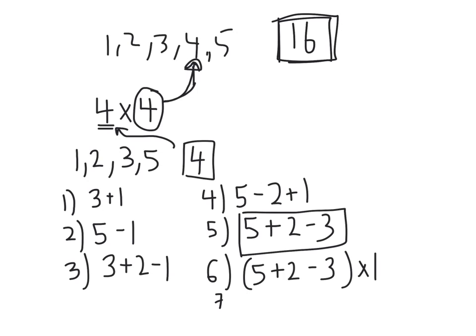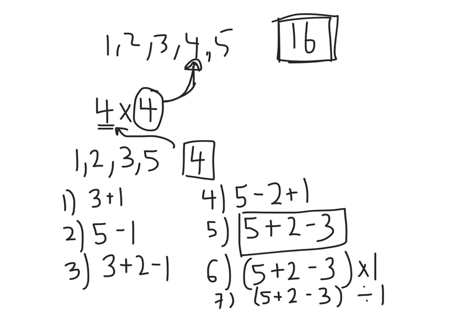And I'm just going to pop it on the end. I can use the 1 in a different way. If I do 5 plus 2 minus 3, then I can divide everything by 1 and still make 4. Okay, so that's 7 different ways of making a 4 that we're then going to multiply by the 4 that we've already got to make 16.